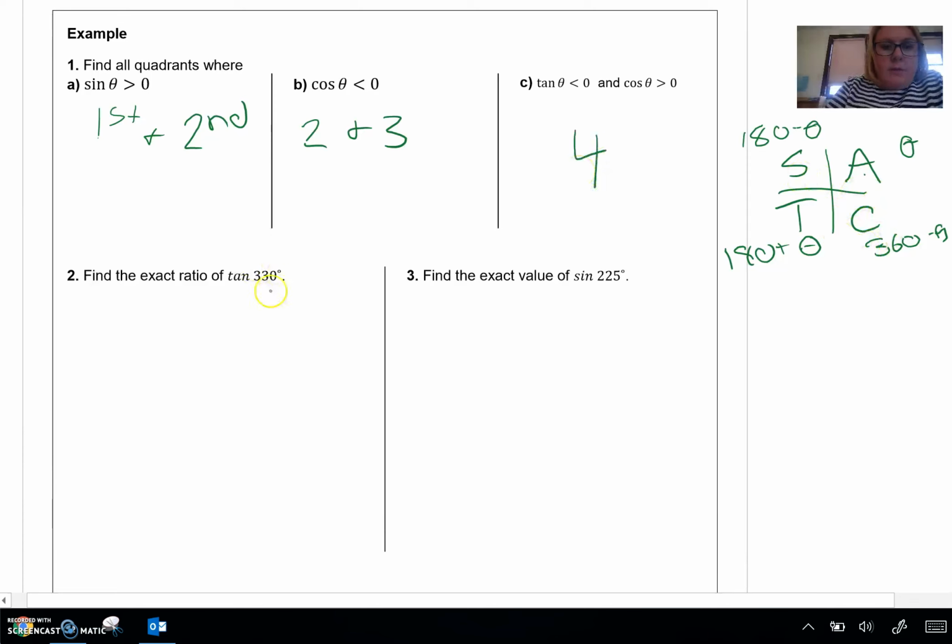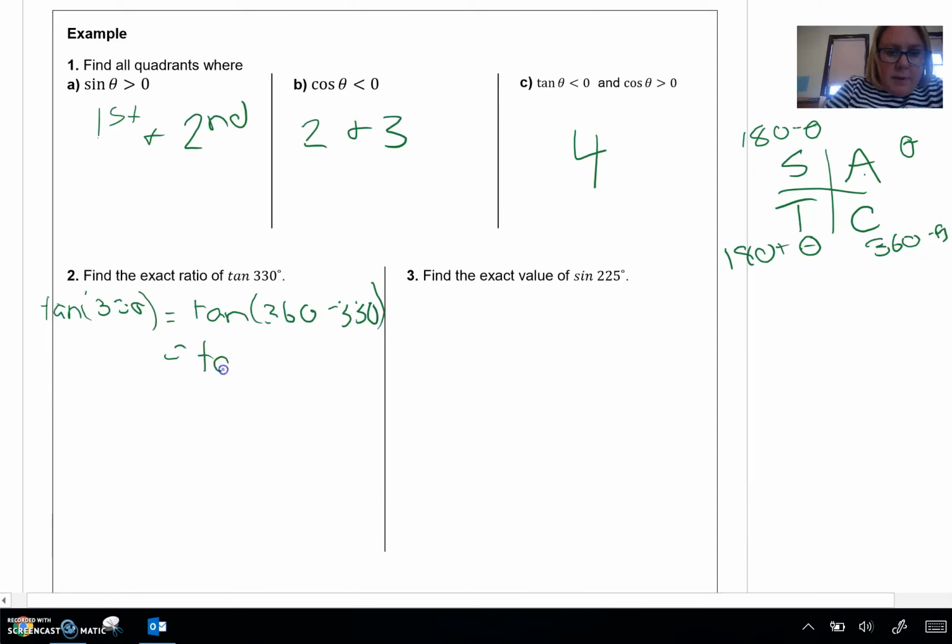Find the exact ratio of tan 330 degrees. Now, 330 is in the fourth quadrant. So tan 330 is actually equal to tan of 360 minus 330.